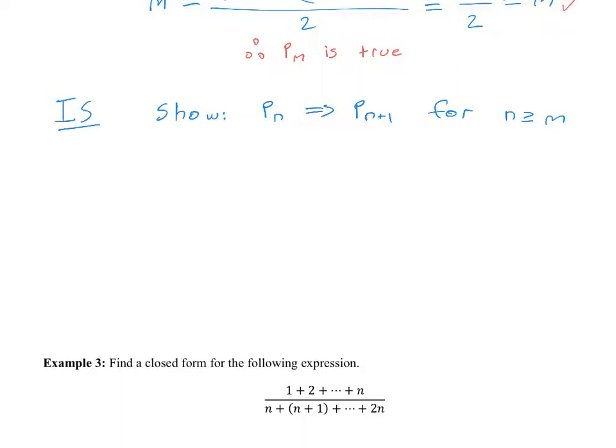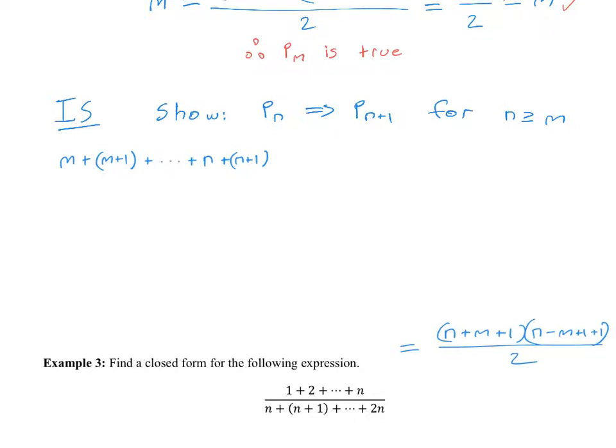I'm going to leave some space again and set up what we want to do. Okay, so we want the left-hand side of m plus 1 all the way up to adding up to n and including n plus 1. That's the left-hand side of P sub n plus 1. And we want to get that down to the result of n plus m plus 1, all multiplied by n minus m plus 1, all divided by 2.